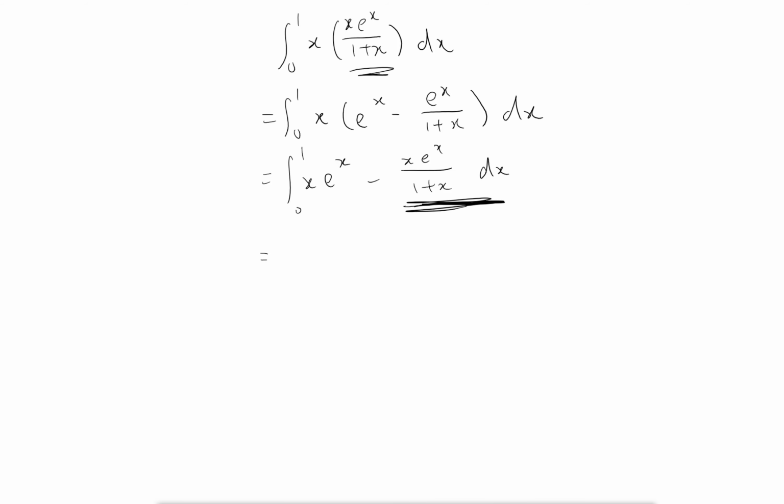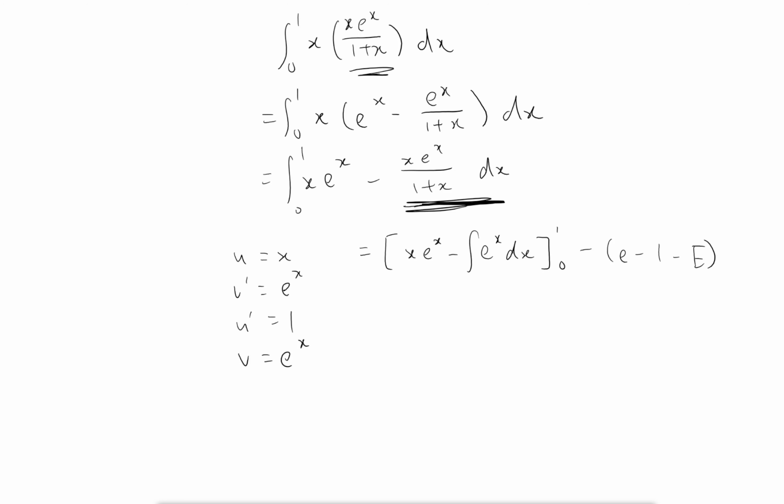Let u equal x and v prime equal e to the x, so u prime equals 1 and v equals e to the x. We write this integral as uv minus the integral of v du, and remember to put your limits. Subtract the e minus 1 minus big E from the previous bit.